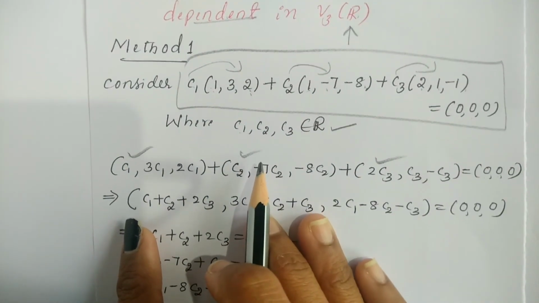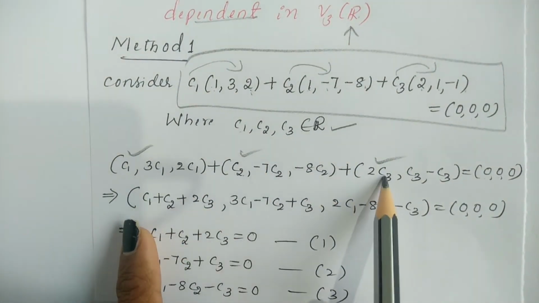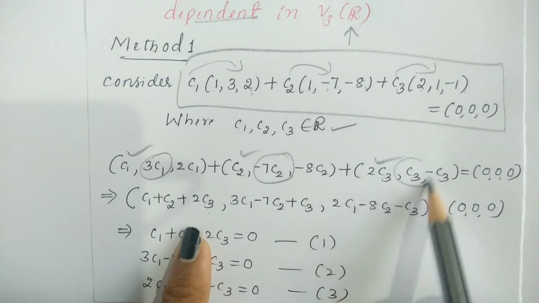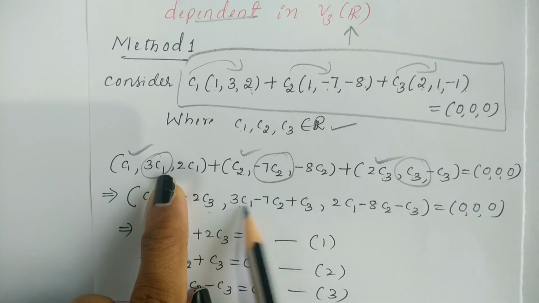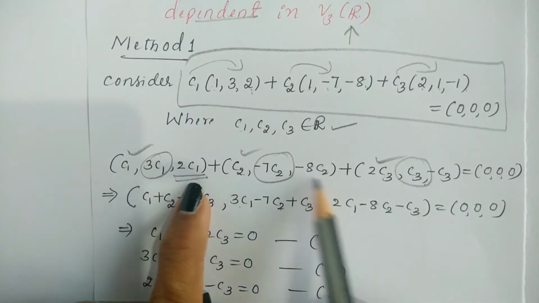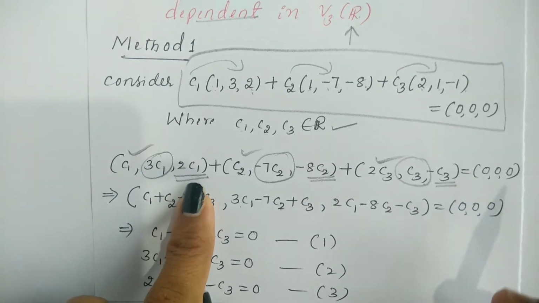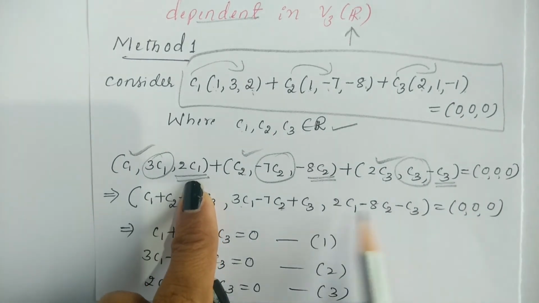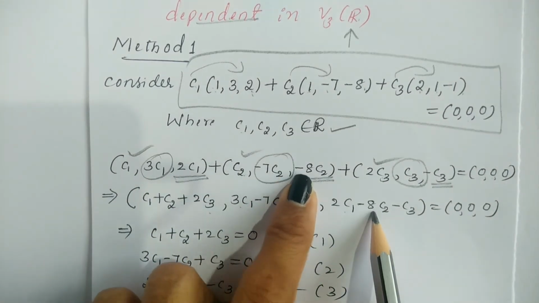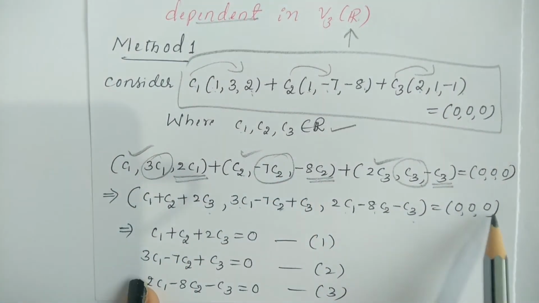So we get C1 plus C2 plus 2C3. Next, second: 3C1 minus 7C2 plus C3. Next, last, that is the third coordinate: 2C1 minus 8C2 minus C3, which is equal to (0, 0, 0).